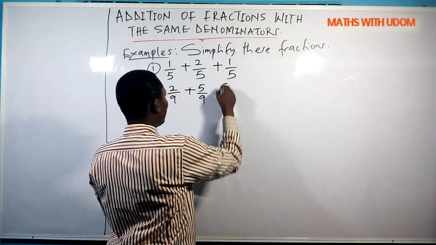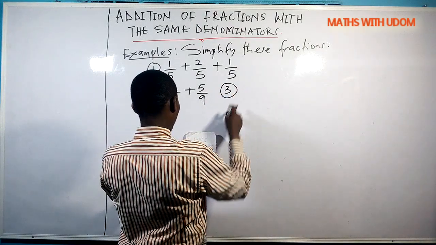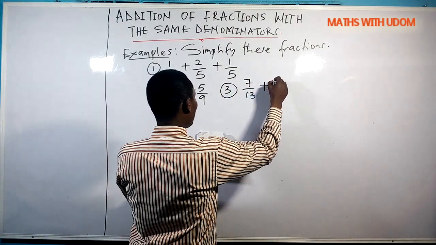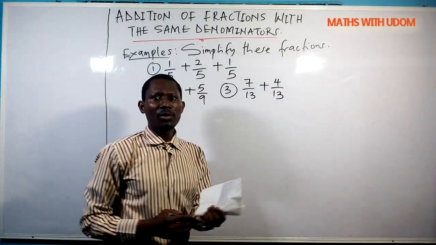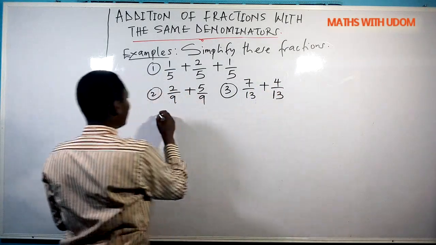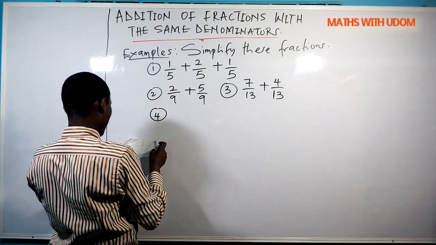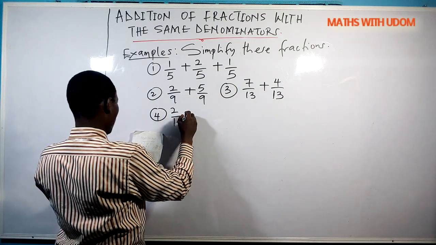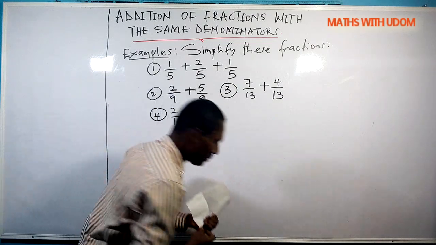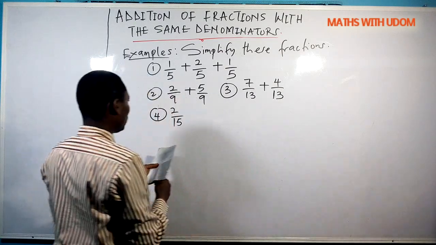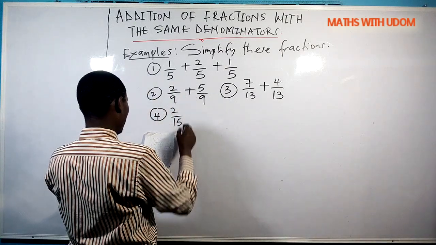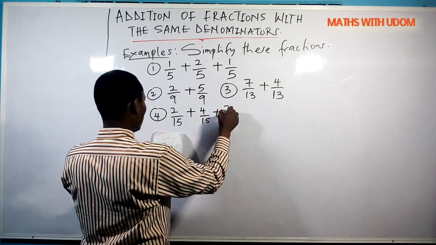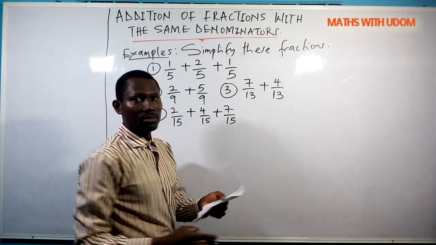Number 3, 7 over 13 plus 4 over 13. Number 4, 2 over 15 plus 4 over 15 plus 7 over 15.